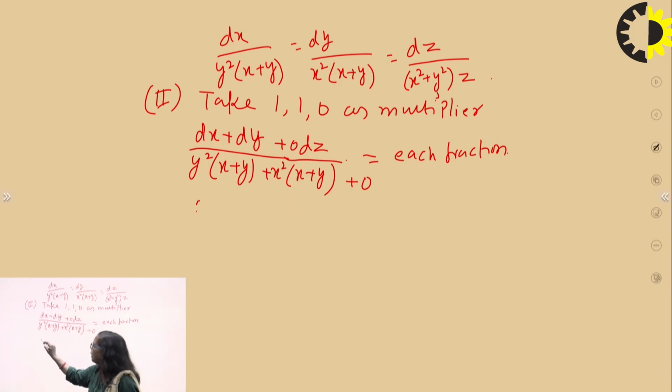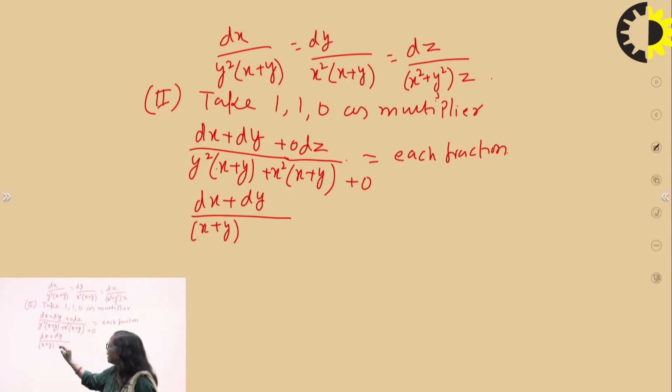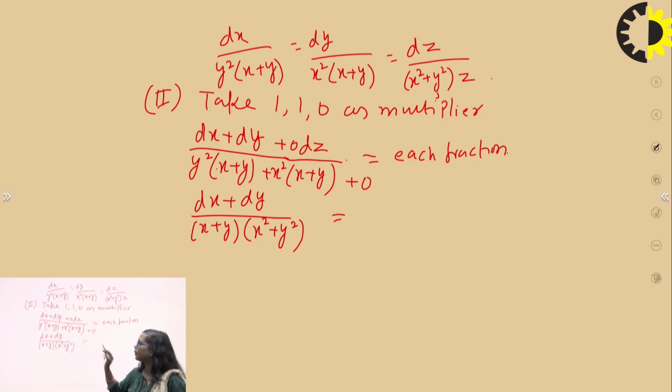Just I try to solve it. I write dx plus dy upon x plus y, taking it common outside; inside the bracket I have x square plus y square, is equal to. Now, here I am not getting 0 in the denominator. If I got 0 in the denominator, like the last example, I would shift it over and get an integrable form.